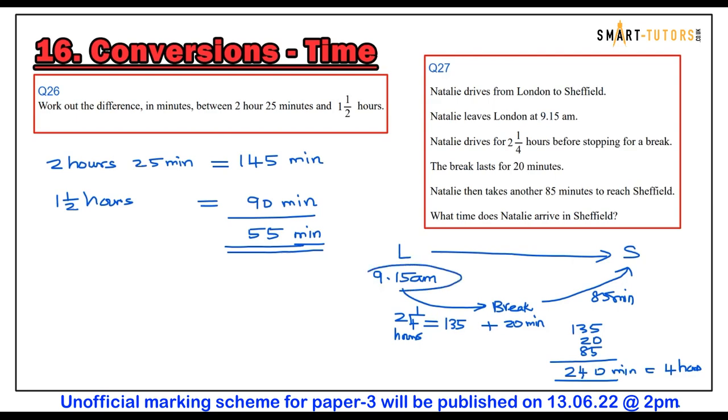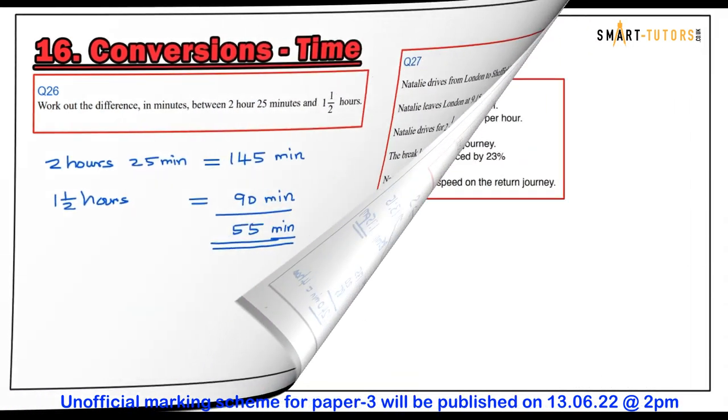So 9:15 she started, 9 plus 4 is 13:15. So you're adding 4 hours total time spent. So 13:15 means it's 1:15 p.m. So she reached Sheffield at 1:15 p.m. So that is the answer for question number 27.